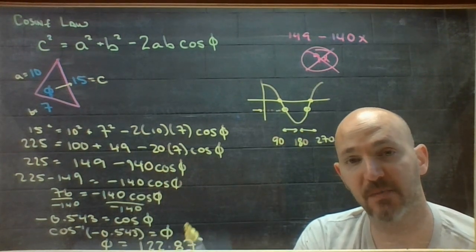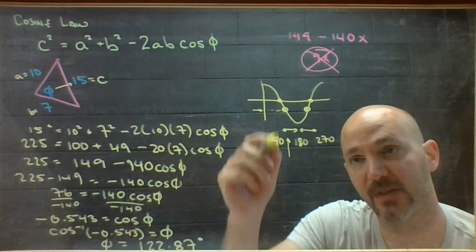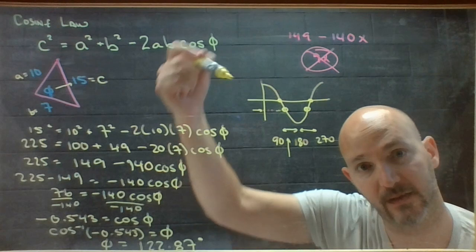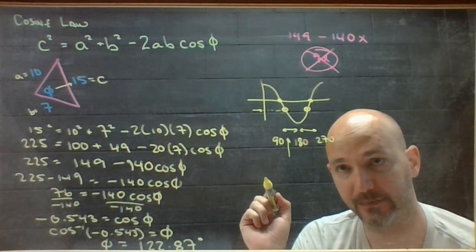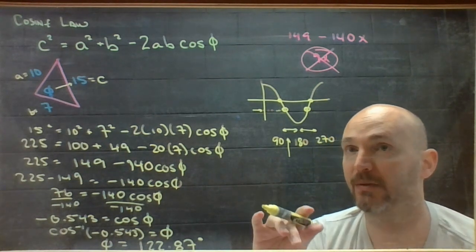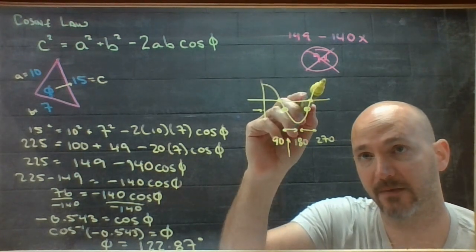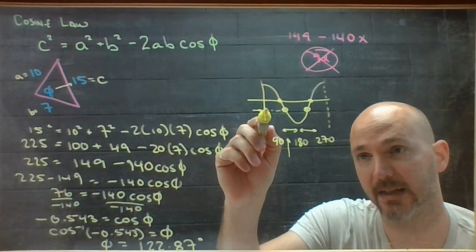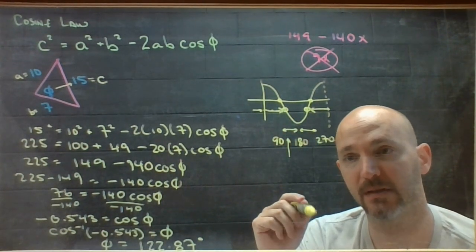So I look at this number here, I have 122.87. That's right in this range there. So I've got this solution, the descending one. I need the ascending solution. And if you go back to the trigonometry for obtuse angles step, see that that distance and that distance are the same by symmetry.